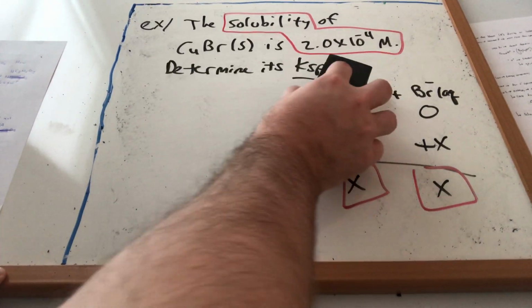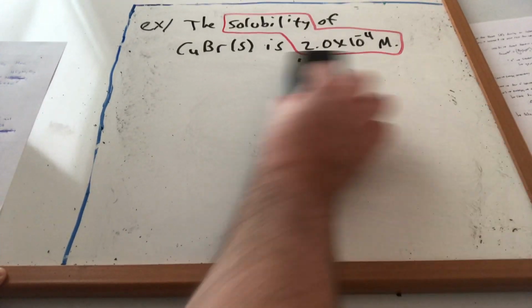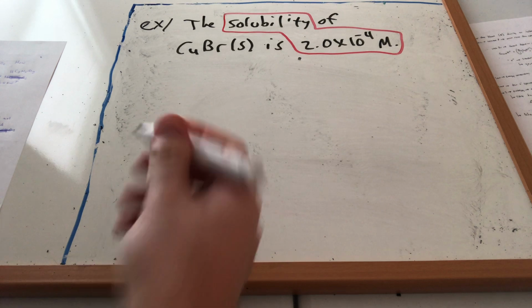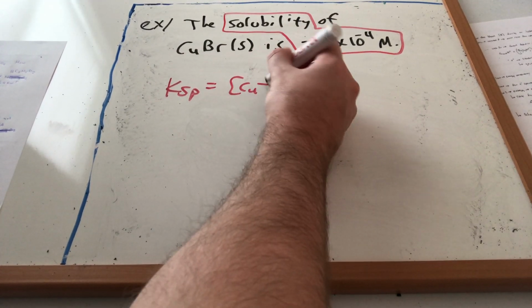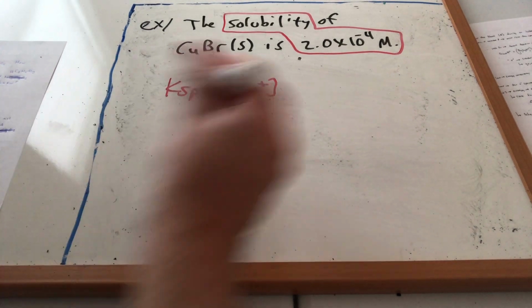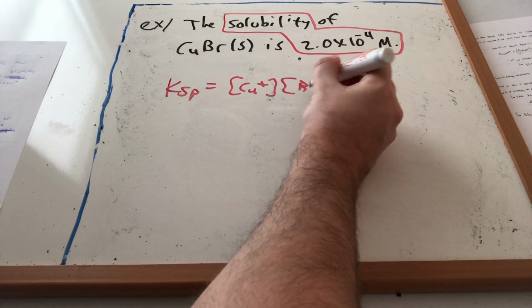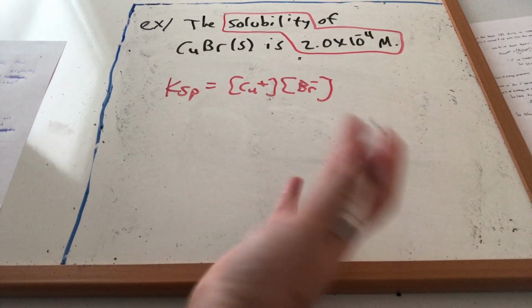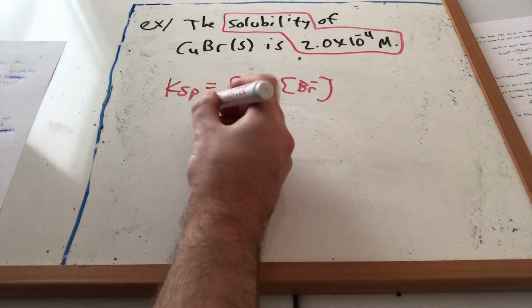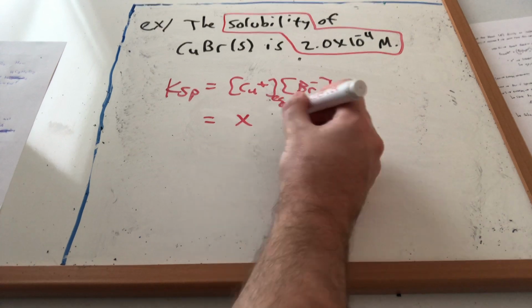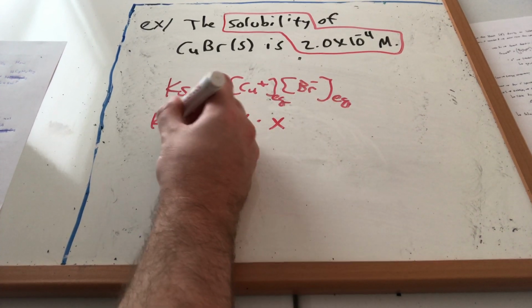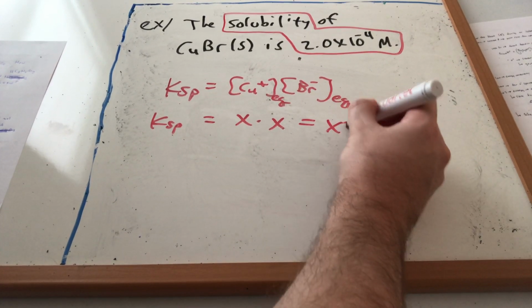Let's calculate its KSP. From our ice table, KSP is going to be equal to Cu plus raised to the first power, okay? Br minus raised to the first power. Okay, well, that is nice for stoichiometry. It doesn't always have to be this way. These are at equilibrium. On my ice table, this was x and this was x, so my KSP is x squared.